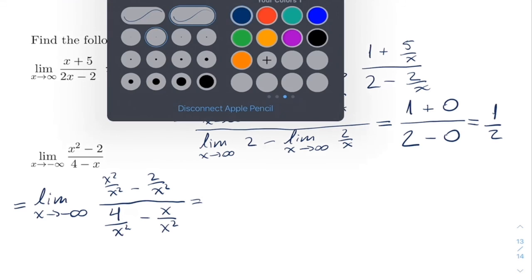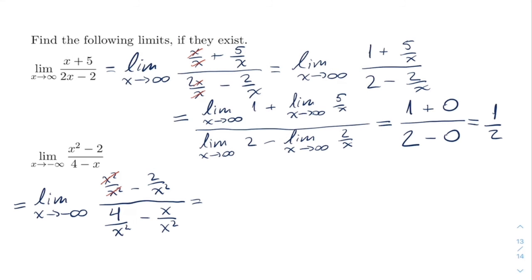And again, as before, we can simplify this a bit. And we will obtain that the previous limit is equal to the limit when x goes to negative infinity of 1 minus 2 over x squared divided by 4 over x squared minus 1 over x. Okay?